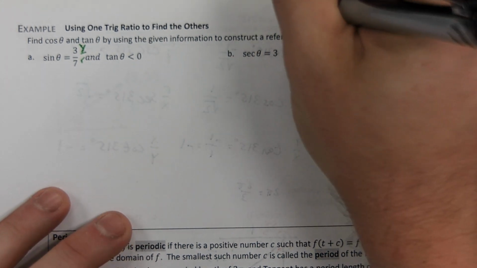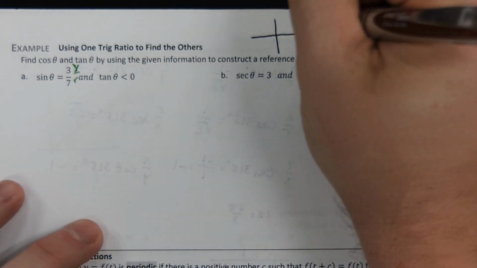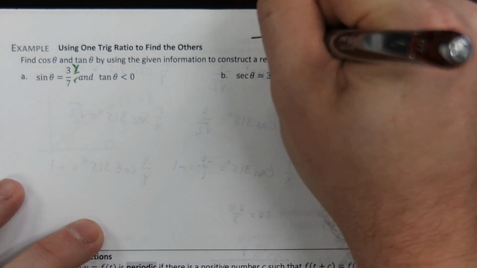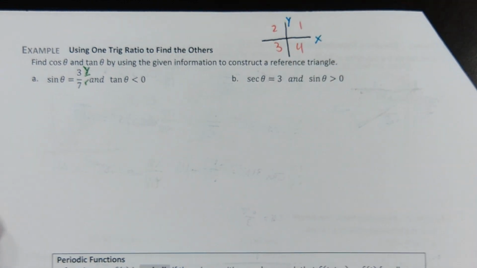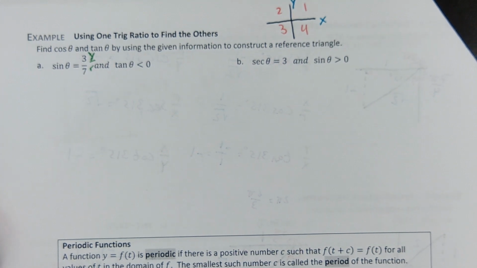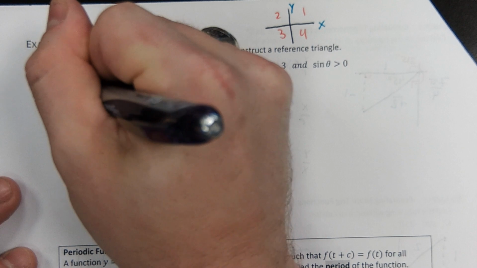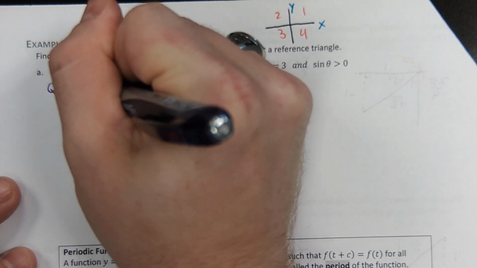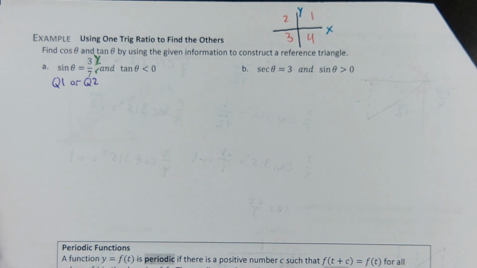So we've got our two quadrants. Which two quadrants has y being positive? 1 and 2. So the first statement is true in quadrant 1 or 2.